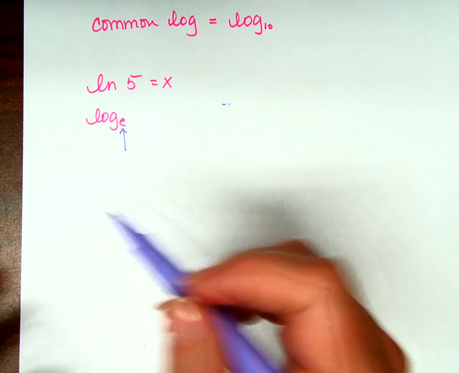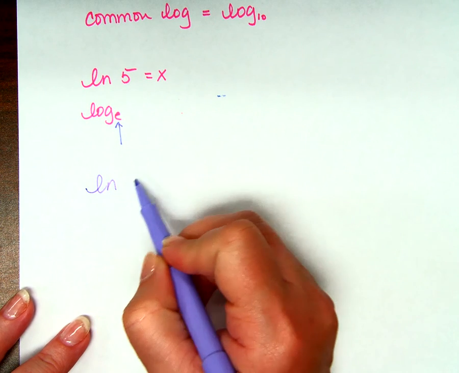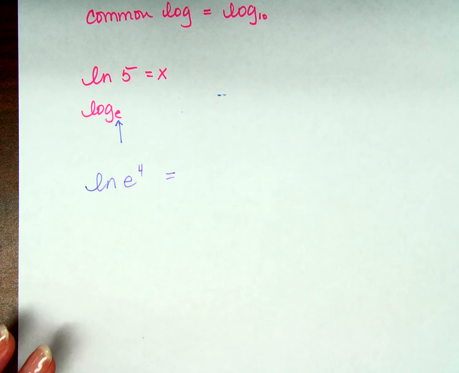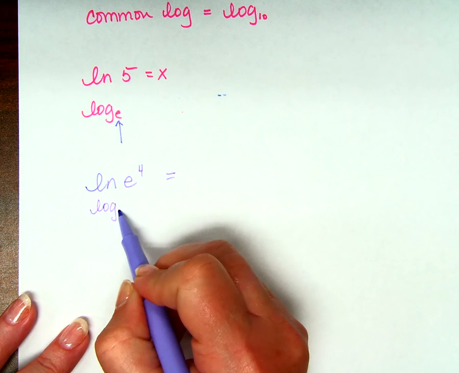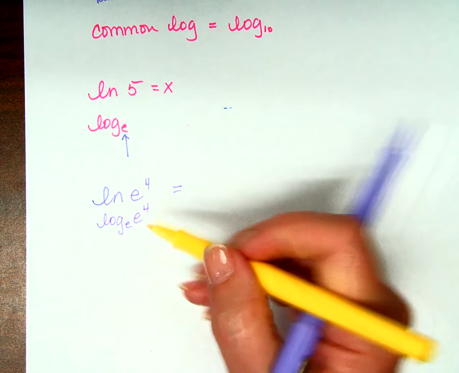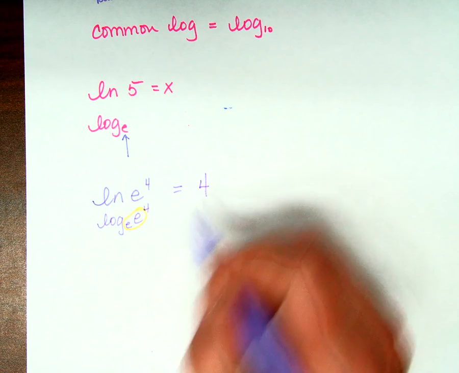Okay? So I need you to make sure you understand that things like this, natural log of e to the fourth power, you should be able to tell me the answer of that super quick because this is log base e of e to the fourth power. And what do you notice about these two things right here? The base is the same, so what's the answer? Yeah, 4. Okay?